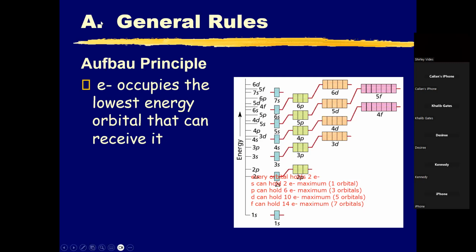So that means that we don't start loading here. We start loading here. And then if we have leftovers, we go here, and if we've got leftovers, we go there, then there, then there, in that order. But we don't just go from here to here and then over here. No, that's just crazy.